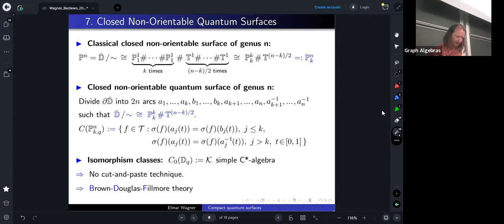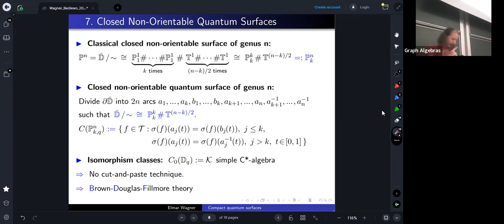And then the definition is the same. We take a subalgebra of the Toeplitz algebra, we apply the symbol map, and they should obey these boundary conditions, which are given by identifying arcs. And again, the inside we didn't touch, so the inside is the compact operators.